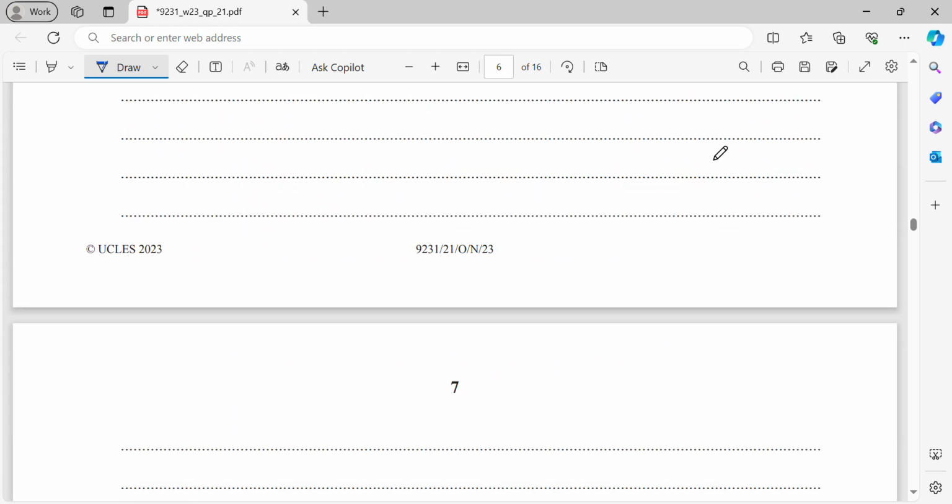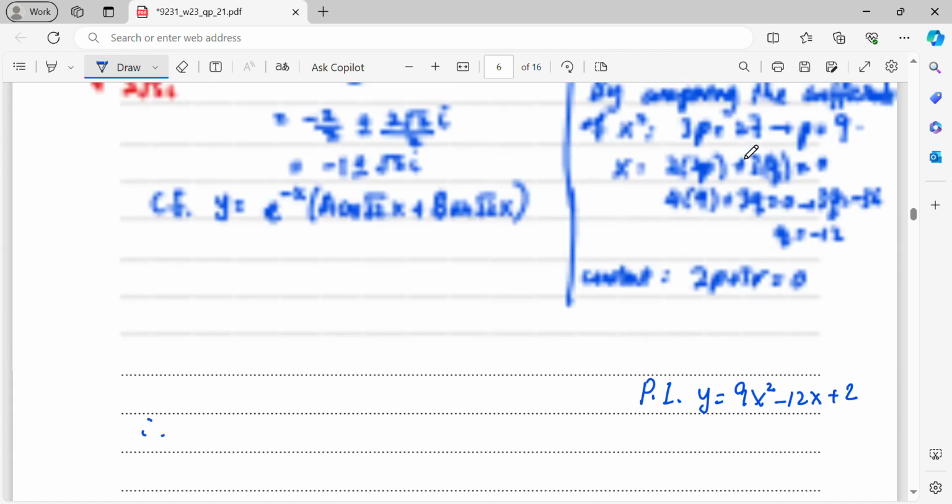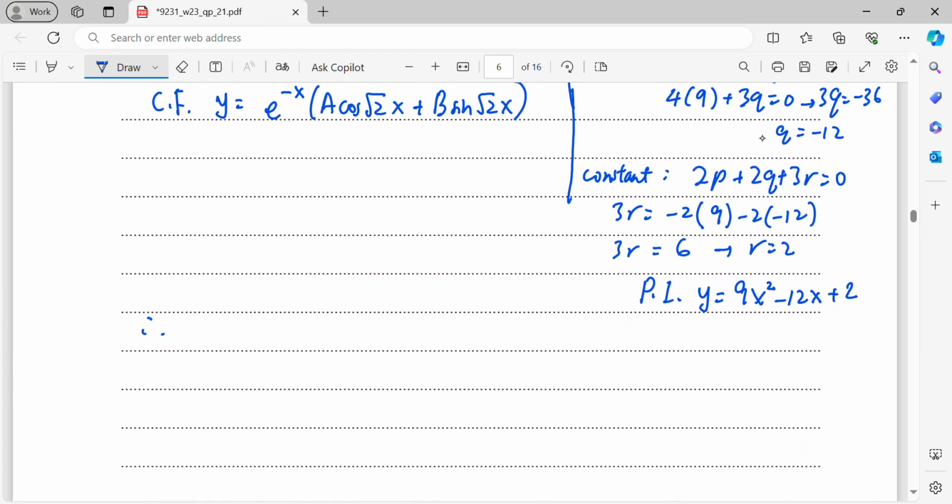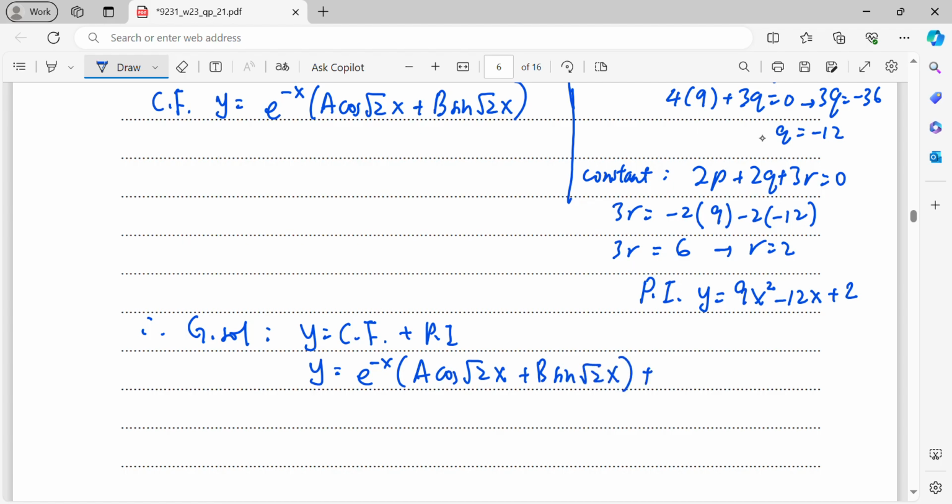So now my general solution, my y equals CF, complementary function plus particular integral. Therefore, my y equals e minus x, a cos square root 2x plus b sine square root 2x plus the quadratic function.